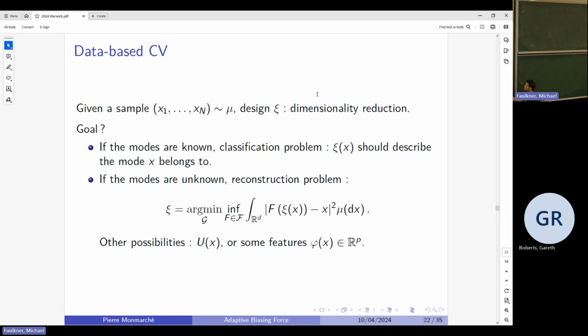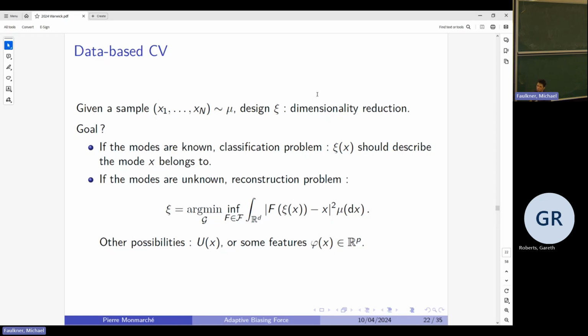And if you want something without knowing where modes are, basically you are asking for Xi of X to keep the main important information of X. You can see it as, if I am only given Xi of X, I can still rebuild most of X, just with this information, and so you end up with this kind of criterion.